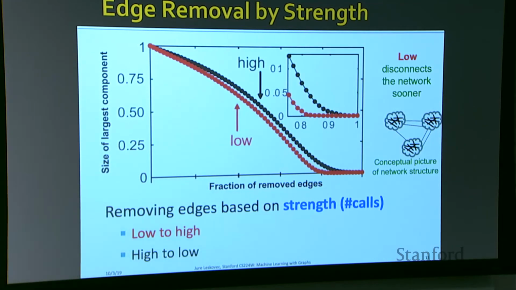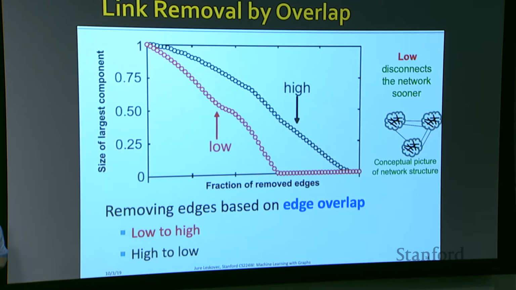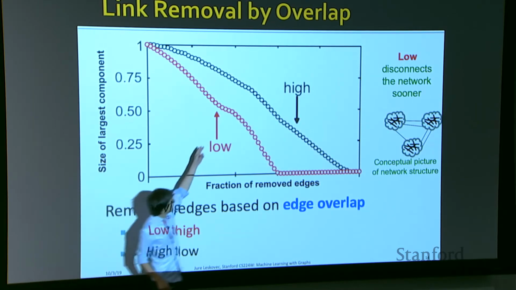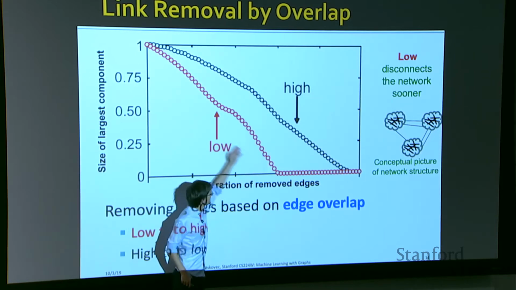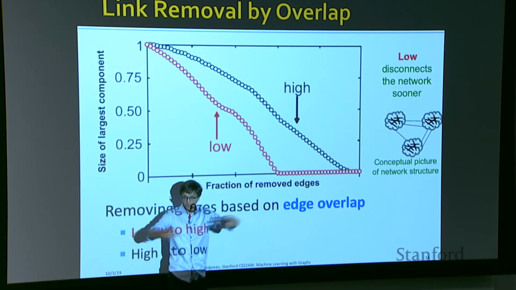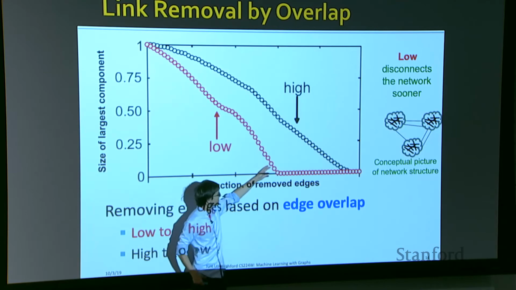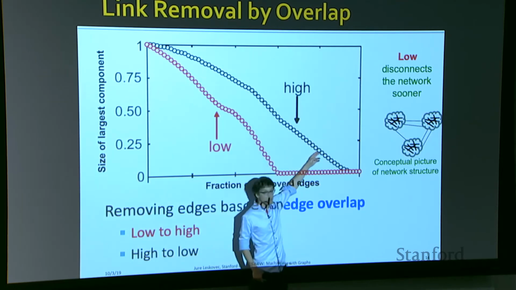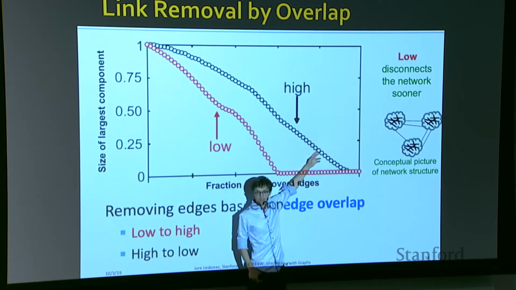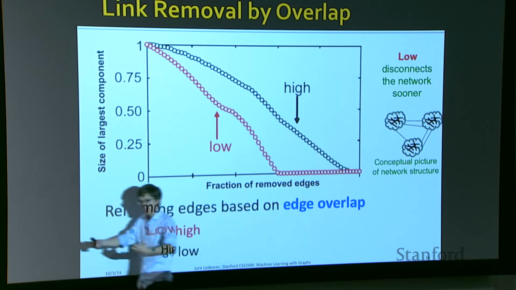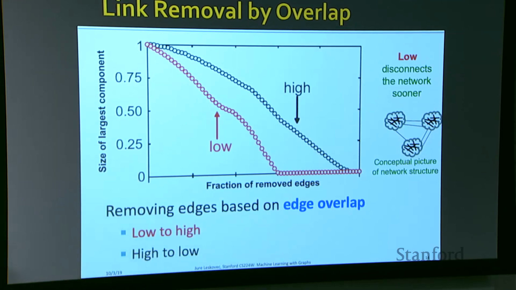I can do the same thing with the overlap. If I do this based on overlap, the difference is even bigger, right? If I remove low overlap edges first, the network will decompose into small clusters much faster than if I remove high overlap edges first, right? It's clear if I remove a high overlap edge, the network will still be connected.